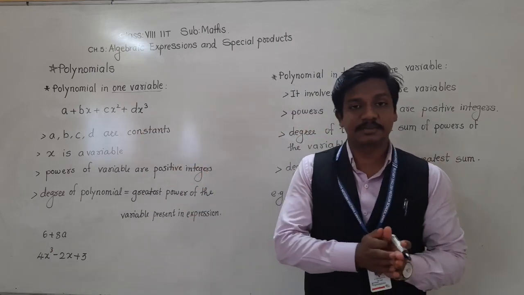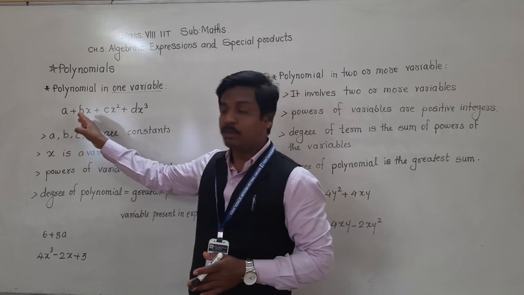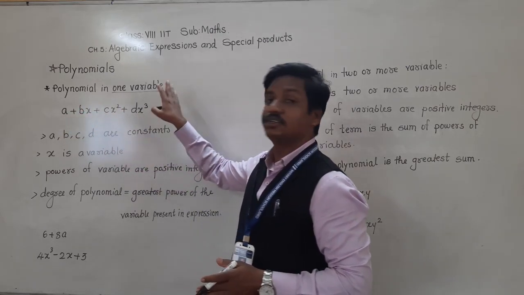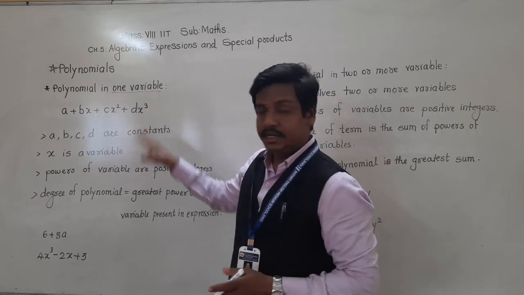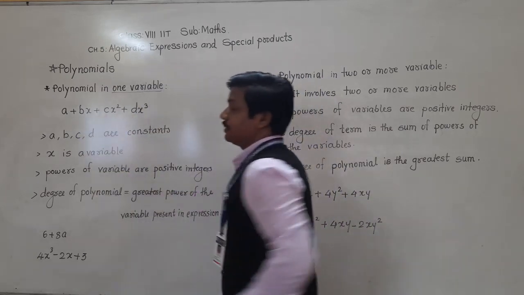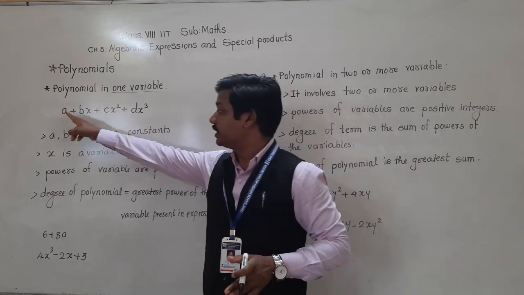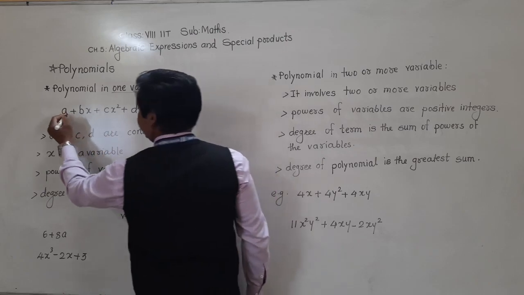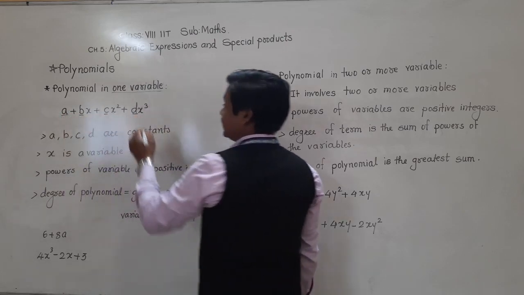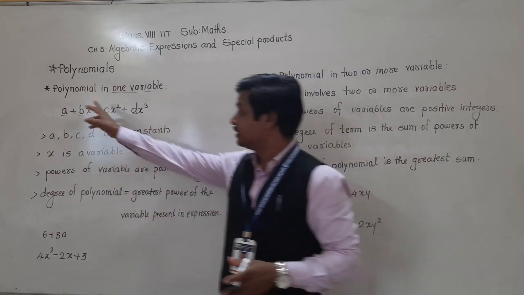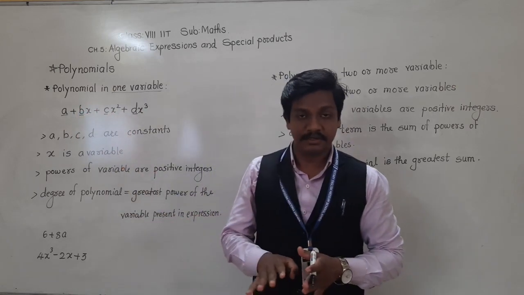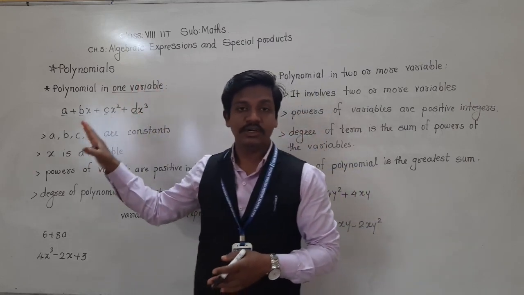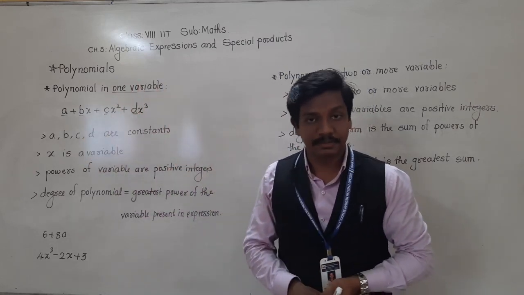So such an algebraic expression which is in the form of a plus bx plus cx square plus dx cube. Okay, so if any algebraic expression is in this form, a plus bx plus cx square plus dx cube, where a, b, c and d are constants and x is the variable, this is called a polynomial in one variable.